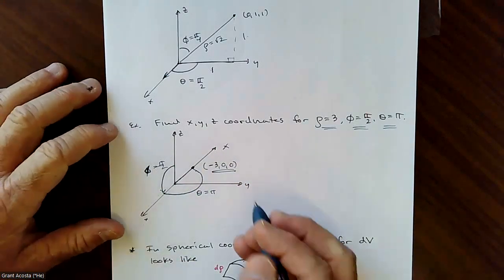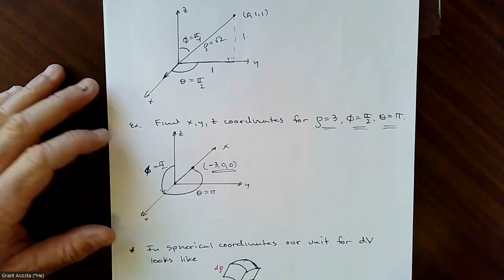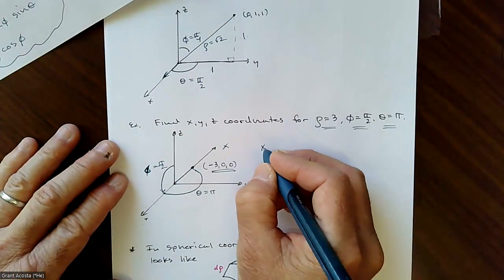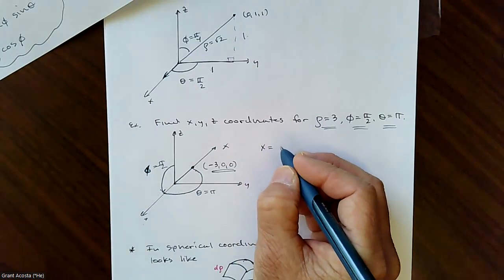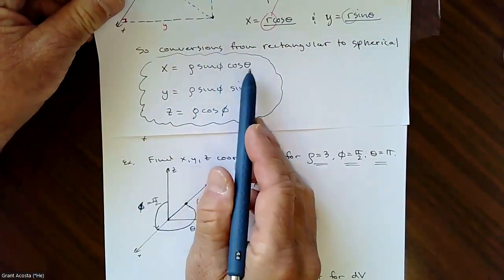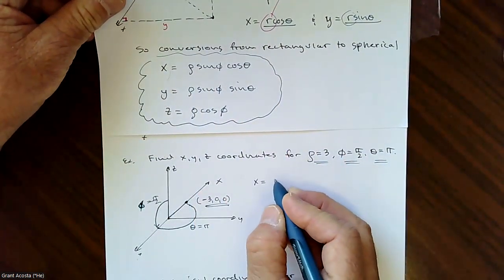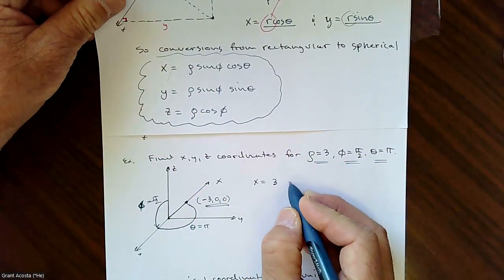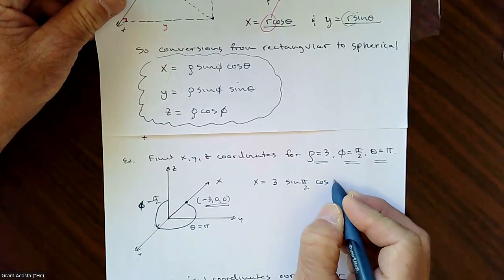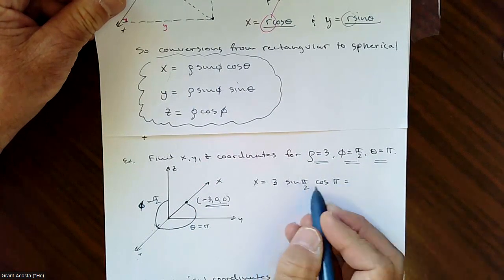And this one you can confirm using our conversion system, right? We had x was equal to rho sine phi cosine theta. So if I wanted to do it algebraically, I could say it's 3 sine of pi over 2 times the cosine of pi. That's 1, that's negative 1.